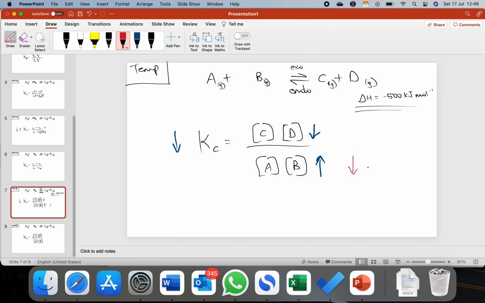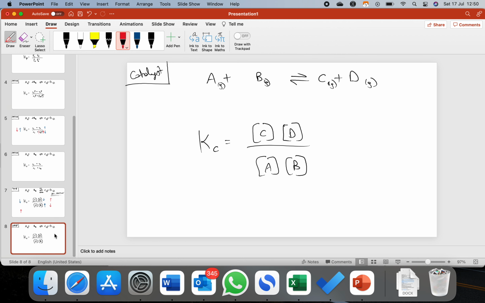It decreases the concentration of A and B and increases the concentration of C and D. Both those things have an effect of increasing the value of the overall fraction. So in scenario 2, the value of Kc increases, permanently and without reverting back.